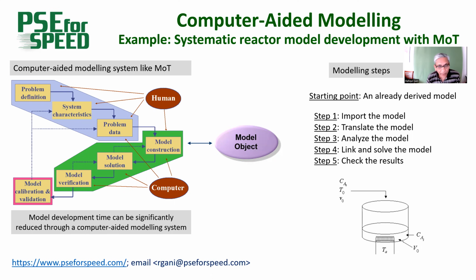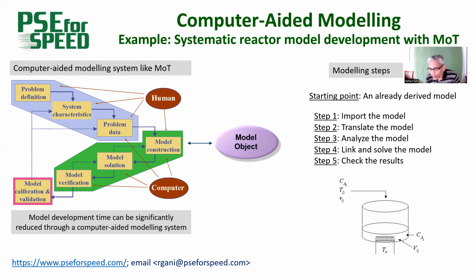As we talked about last time, MOT is a modeling test bed where the human and the computer work together, where each of them does the parts that they can do very well. And the result is that the model is developed very fast.